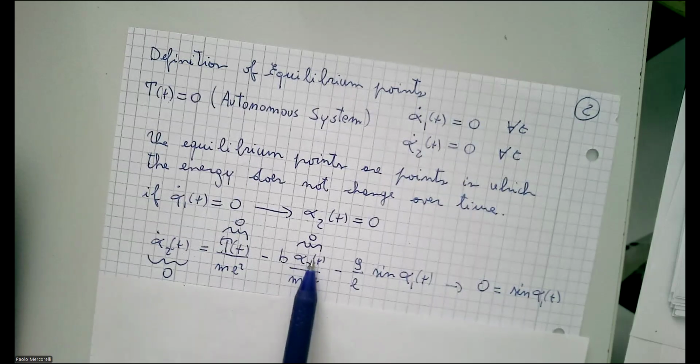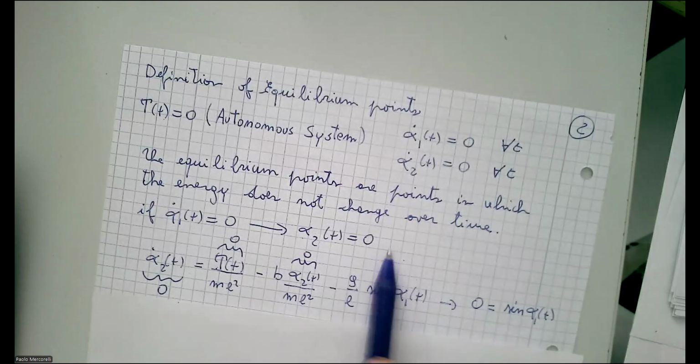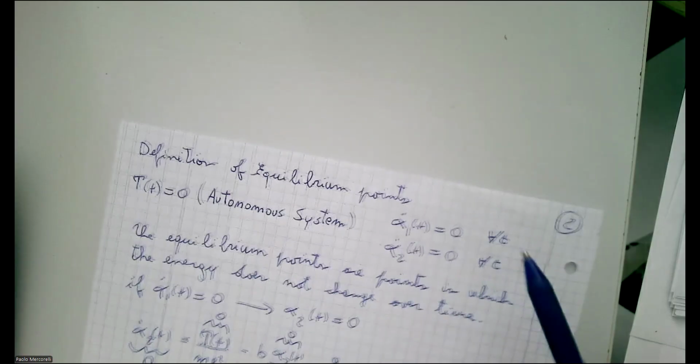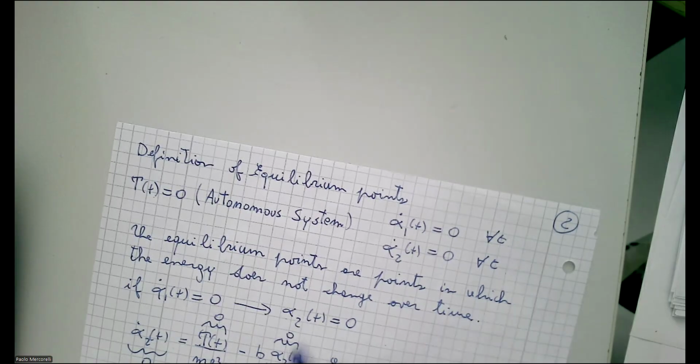This is zero from the first condition. But actually the velocity is zero for each t. If this is zero for each t, the resulting alpha 2 of t equals 0 is also for each t.